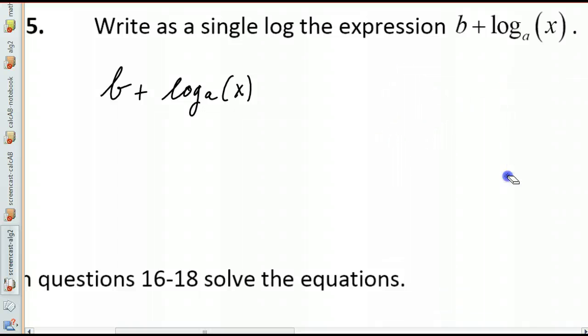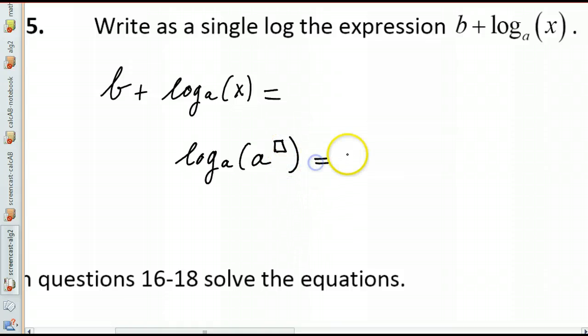Okay, let's go over it. Let me pause that. Okay, so where was I? All right, yeah. So you got to turn b. I've explained why you can write any number in any log that you want. So how can you write b in log base a? Well, it's based on this property: log base a of a to the anything is equal to that anything. Log base a of a to the x is x.